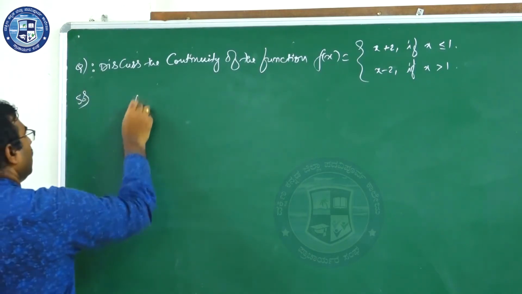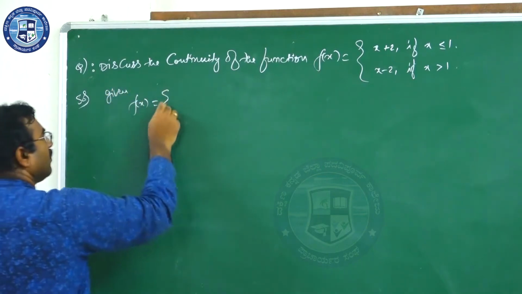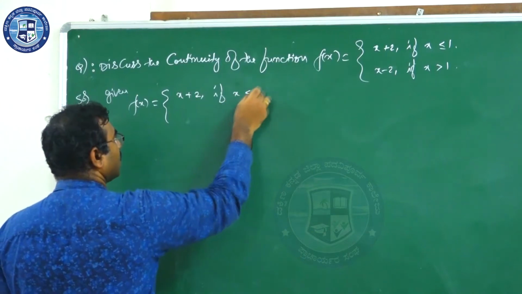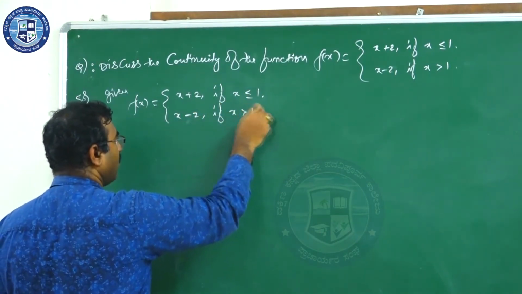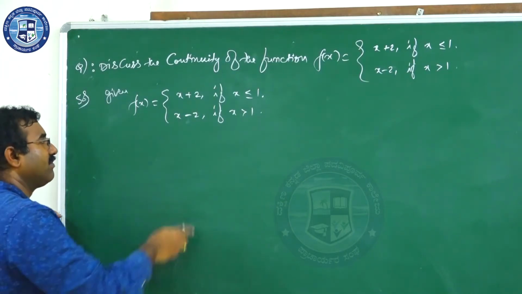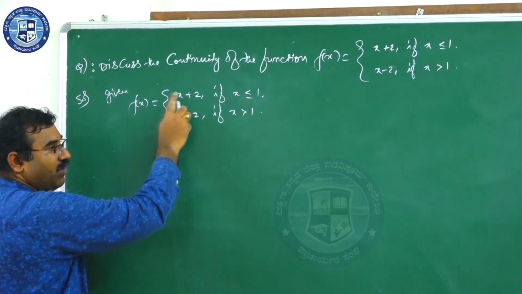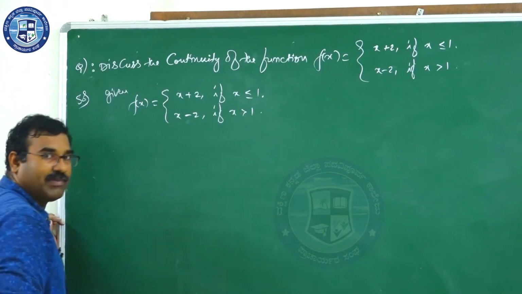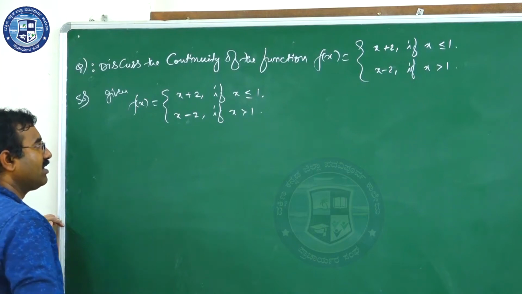Always first write the given function: f of x is equal to x plus 2 if x is less than or equal to 1, x minus 2 if x is more than 1. It is clearly defined throughout the real number system, right? For all x less than or equal to 1 it's a linear polynomial, and for x more than 1 also it is a linear polynomial. That means the function is defined throughout the real number system.